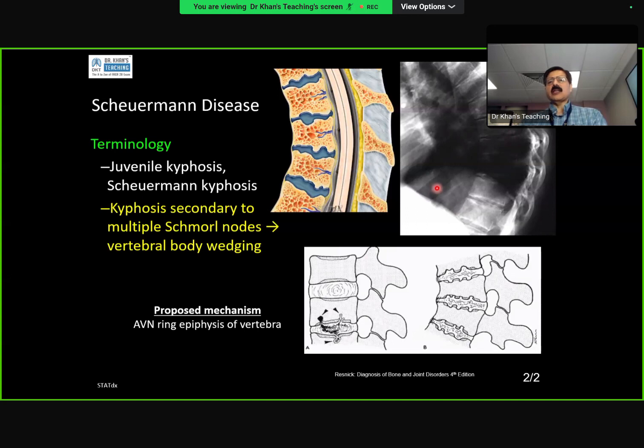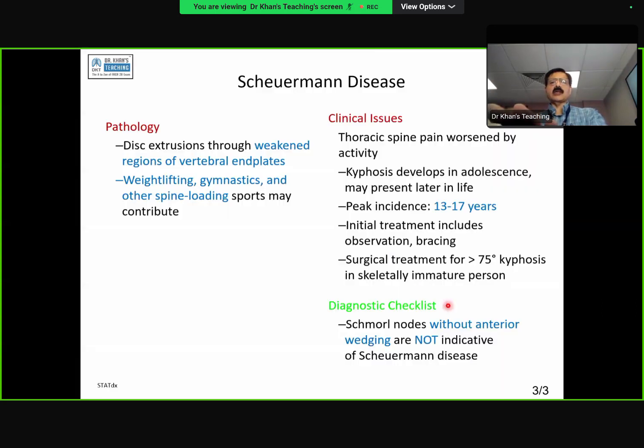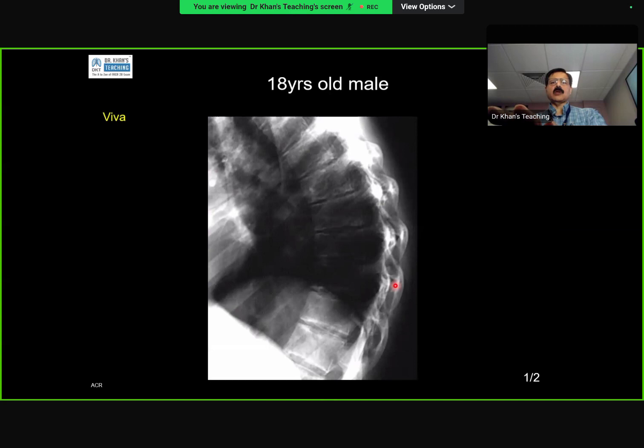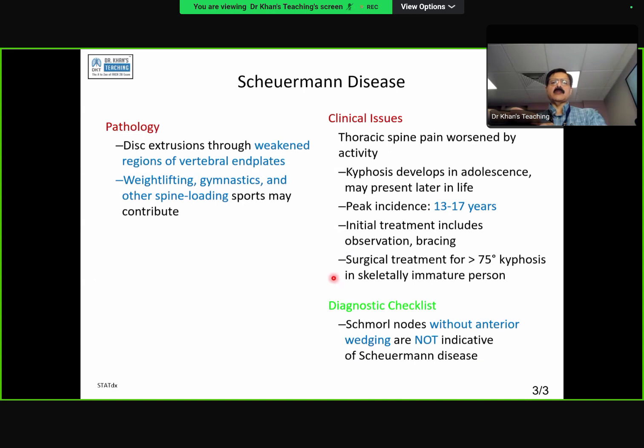By the way, it's a self-healing process, and gradually the patient becomes normal. So usually it is self-limiting. At times braces etc. are used to give support, but the prognosis is usually quite good, with greatest narrowing anteriorly. If you see here, the greatest narrowing is anteriorly. This was our case, and you can see that the narrowing is more marked, and the anterior portion of the vertebra is also reduced anteriorly.